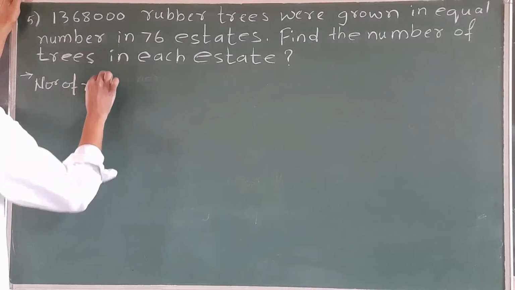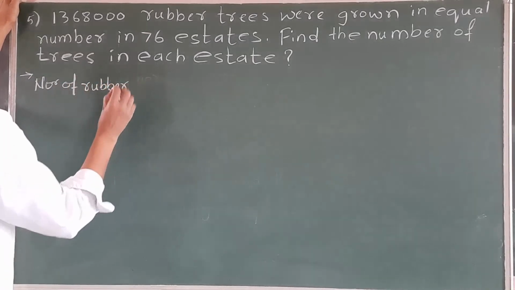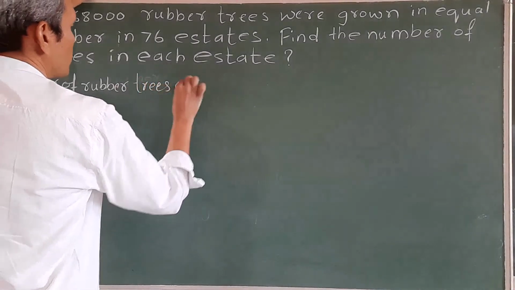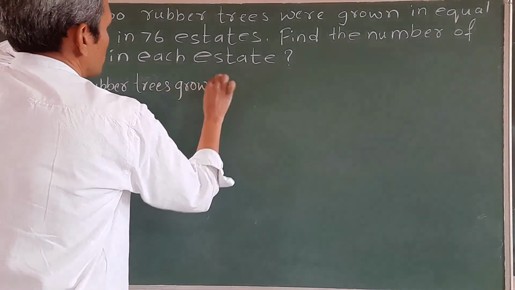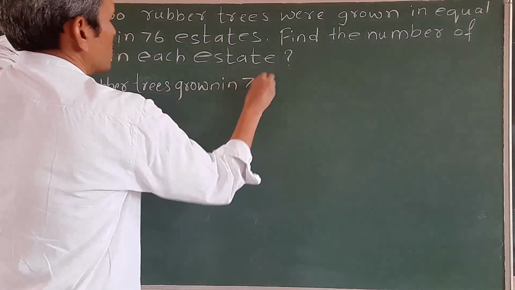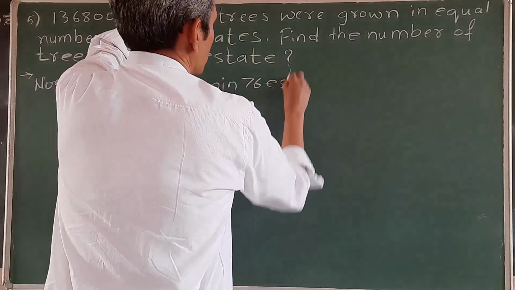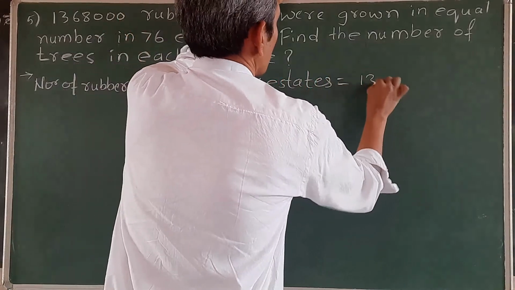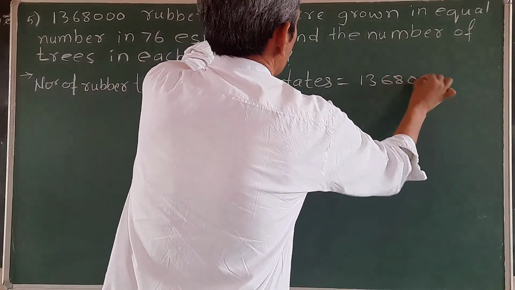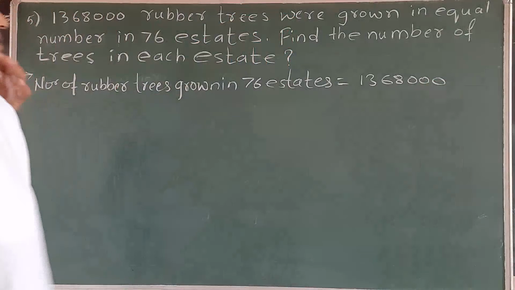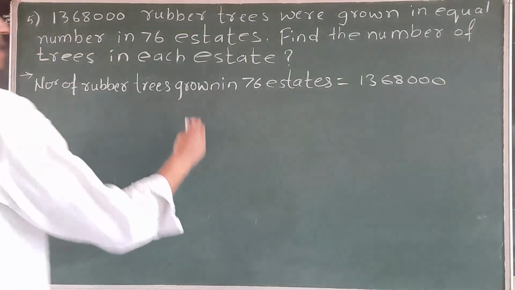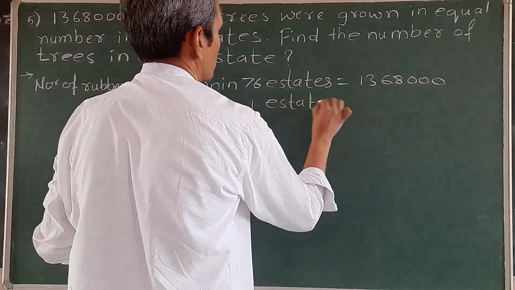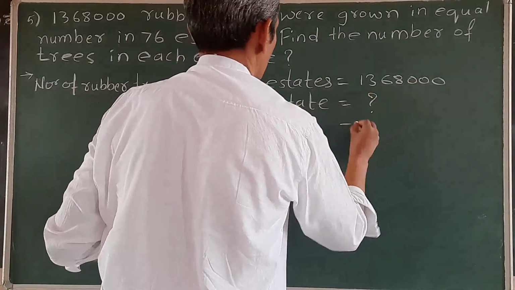Number of rubber trees grown in 76 estates is 1368,000, and the number of rubber trees grown in one estate is, we don't know.